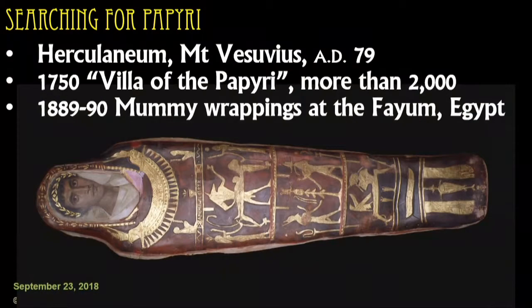Fayum is interesting because it was once a well-established city area in Egypt. Around the time of Alexander the Great, it kind of got Greekized. And it was highly occupied by a large Greek community. And it flourished where it was, not because, the desert should have killed it, but they had canals that fed it. So the canals made this really a thriving Greek community for several hundred years.